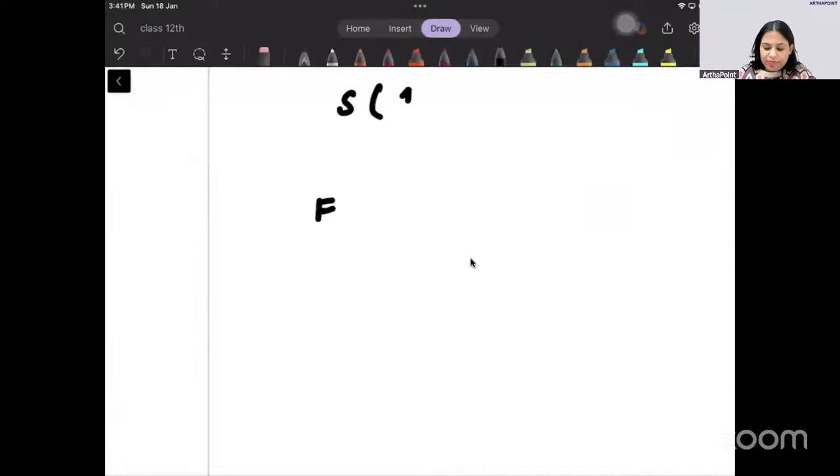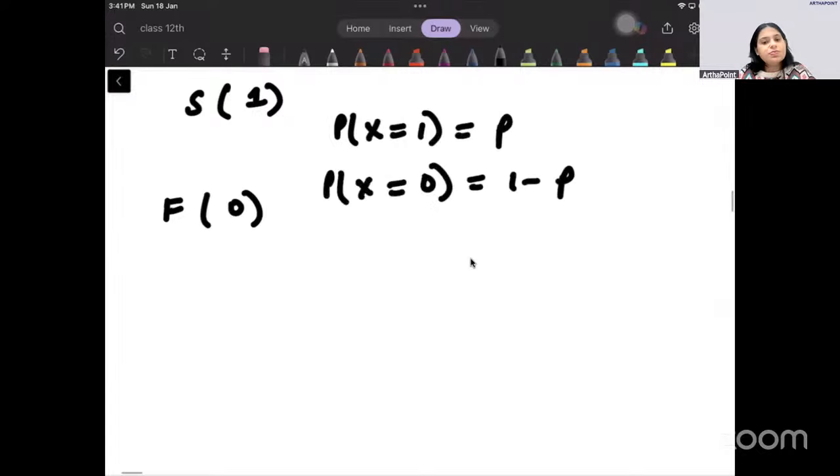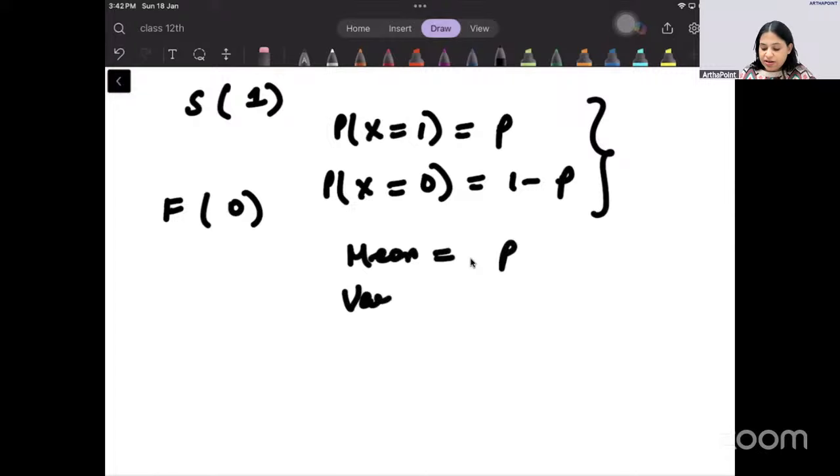Success can be represented with 1 and failure can be represented with 0. Probability of success can be P and probability of failure can be 1 minus P.